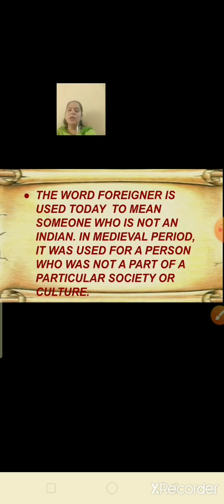The idea of a geographical and cultural entity like India did exist, but the term Hindustan did not carry the political and national meanings like what we use now for India. The word foreigner is used to mean someone who is not an Indian, but in the medieval period it was used for a person who was not a part of a particular society or culture.